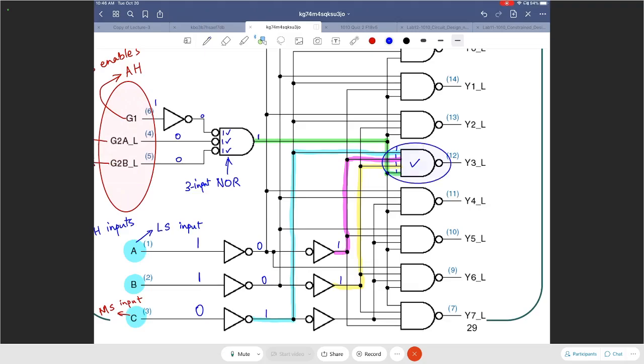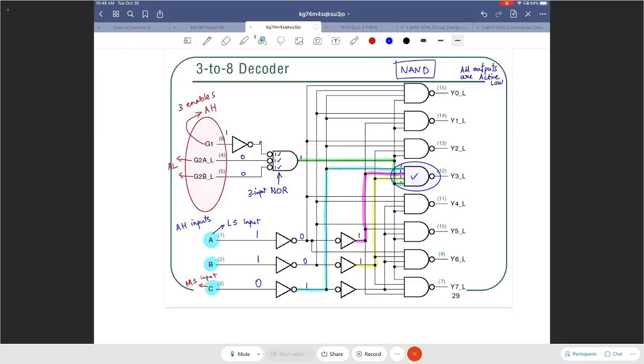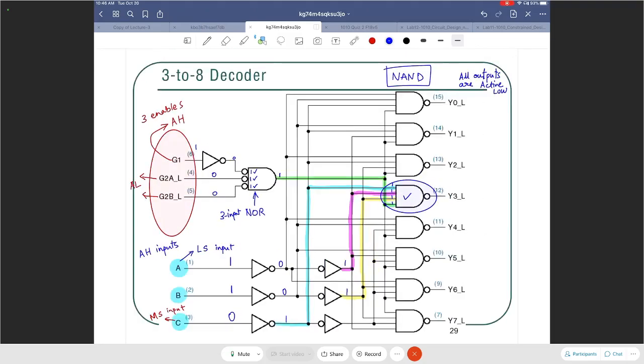For all the other NAND gates, you are going to get at least one of the inputs to be a 0, which will make that output inactive. So the answer here is only this guy is going to be active, meaning low. All the others are going to be inactive, meaning 1.